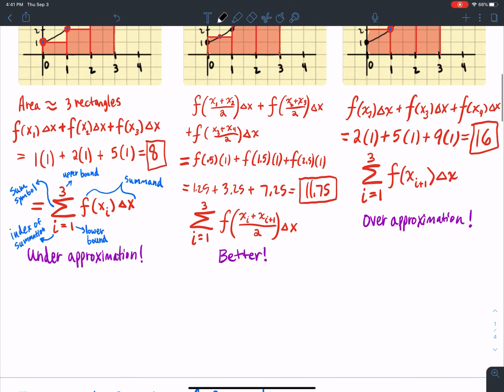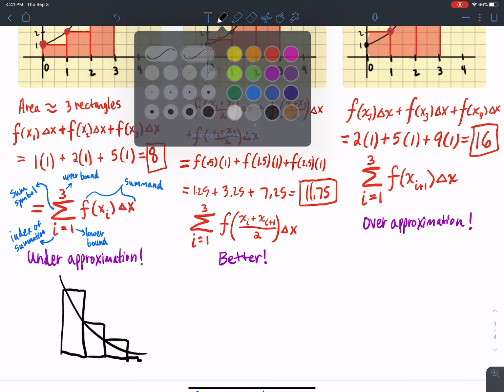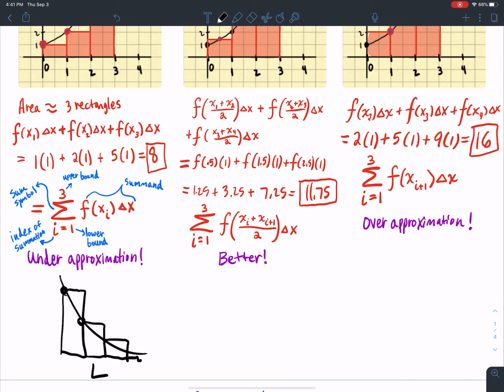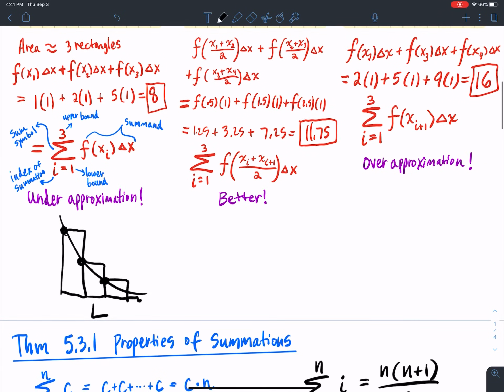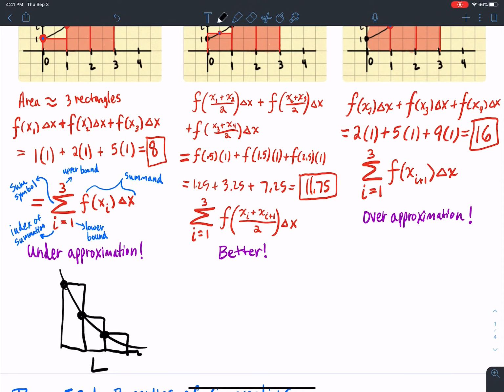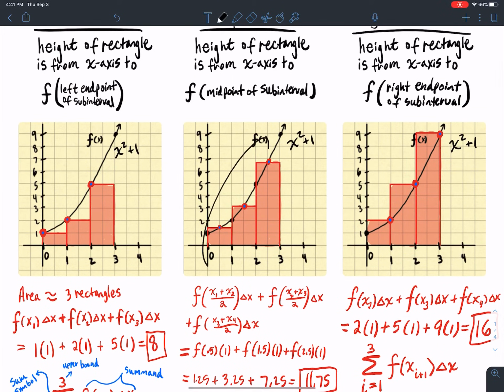If you think about it in just a picture, a left-hand endpoint would look like this, and you would see that the left-hand endpoint is an over approximation for a decreasing function. For an increasing function, it's an under approximation. And the same thing works with the right-hand endpoint. It's the exact opposite.